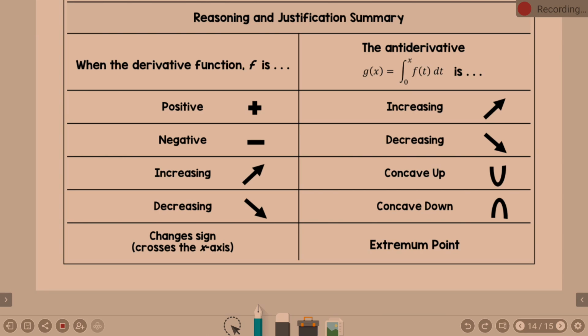When the derivative is negative, the antiderivative is going to be decreasing. When the derivative is increasing, the antiderivative is concave up. When the derivative is decreasing, the antiderivative is concave down. When the derivative changes signs, the antiderivative has an extrema.